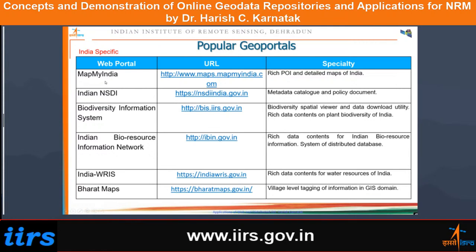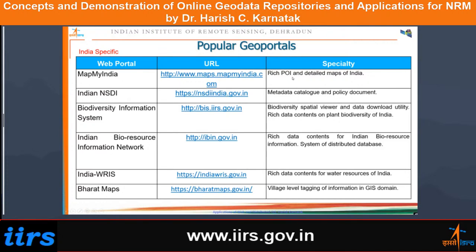Another interesting website in India is called MapmyIndia. Recently, they have a collaboration with ISRO as well. Now the MapmyIndia maps are integrated with ISRO Bhuvan satellite imageries and are available as an open service to the users. Although they are not an open company, they are a commercial company.